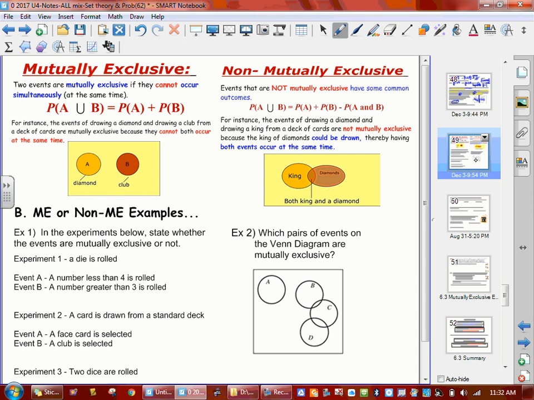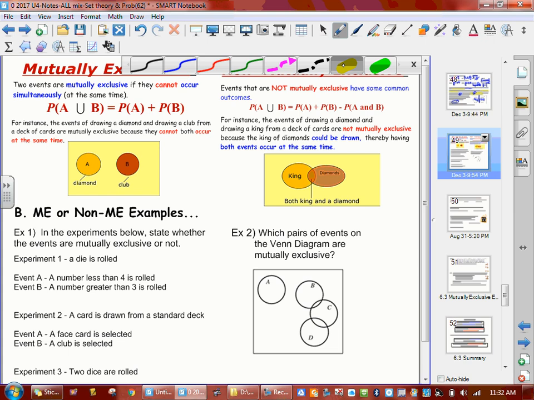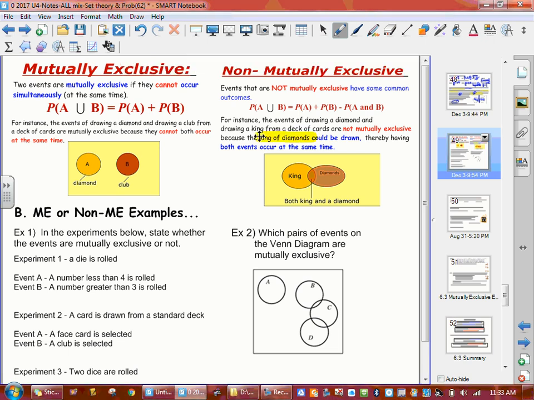Let's go now to non-mutually exclusive, the very opposite. So non-mutually exclusive means there's an overlap. So if I were to pull out again one card out of a deck, what am I looking for here? I'm looking for a king and a diamond. Well, can I pull a king of diamonds out of a deck?